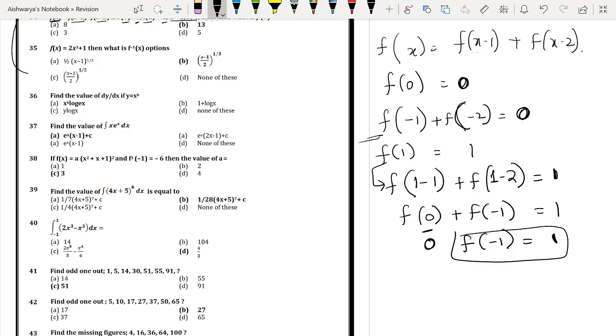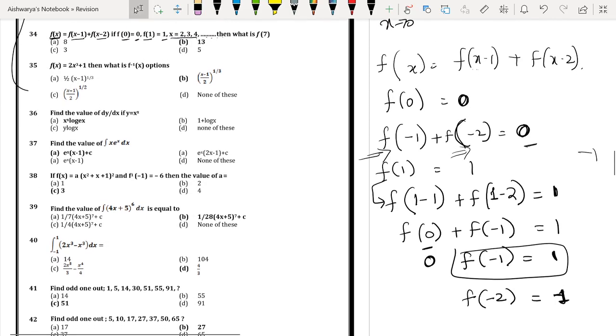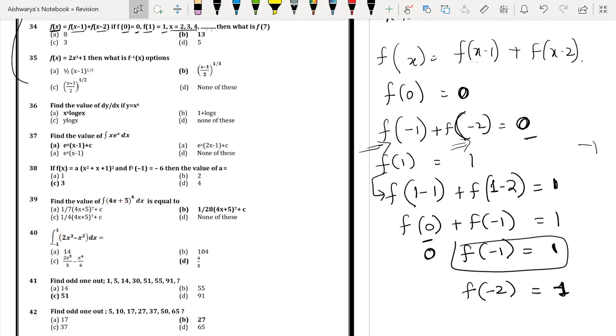So here we know that f of minus 1 is 1 and f of minus 2 has to be minus 1 then, only then we will get the value 0. So f of minus 2 will be equal to minus 1. Okay, so the question is asking what is f of 7? x can take the value 2, 3.